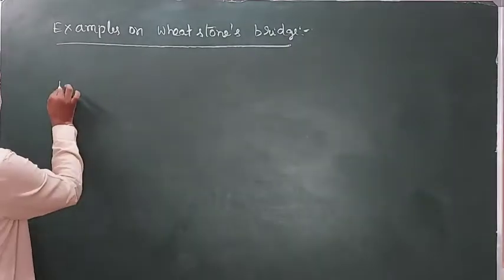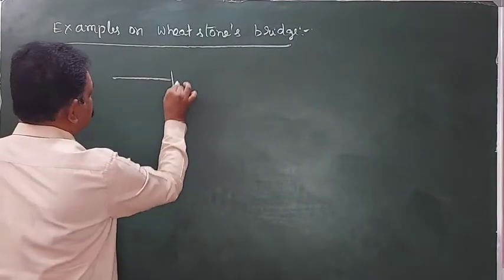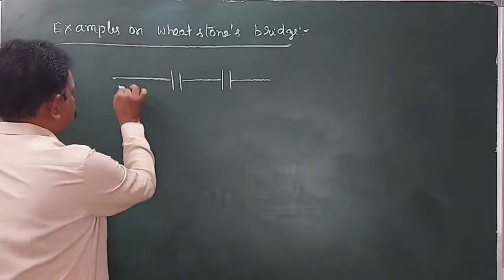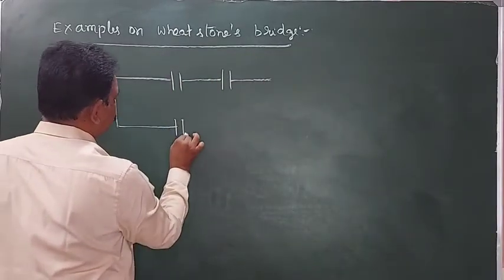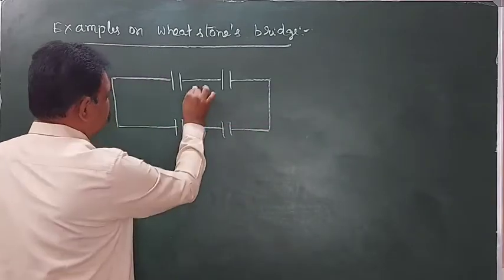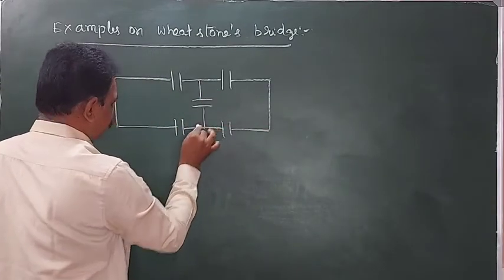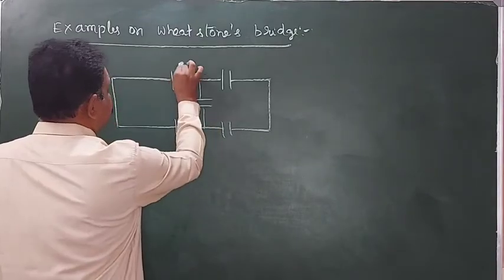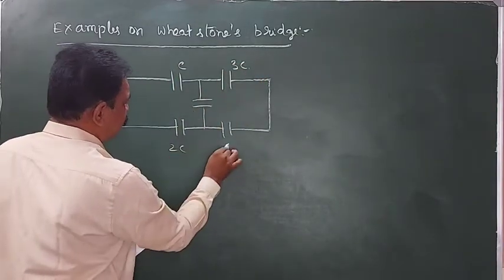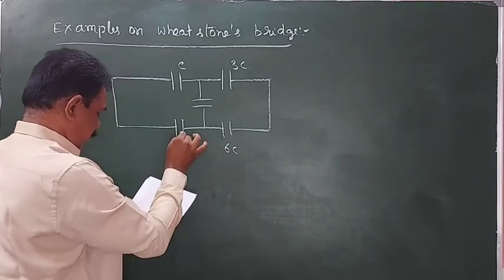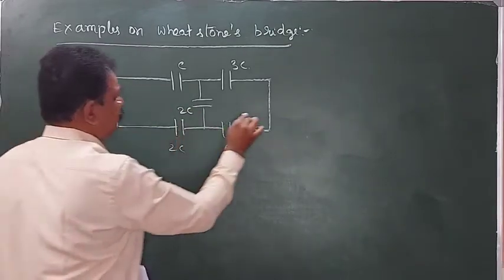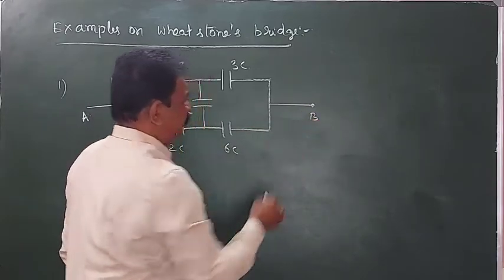If the circuit is like this, these values are C, 3C, 2C, 6C. This value is 2C. Here it will be A. Here it will be B.